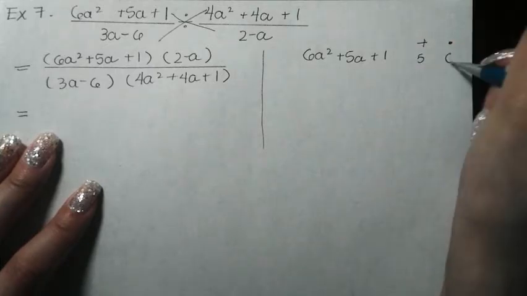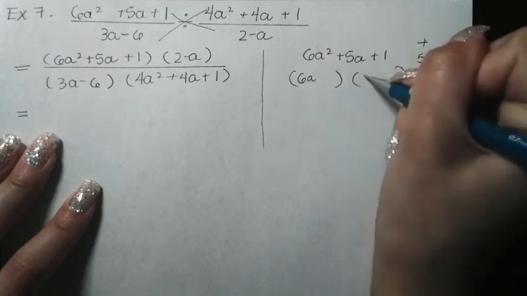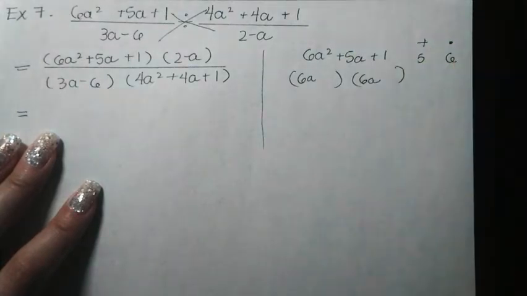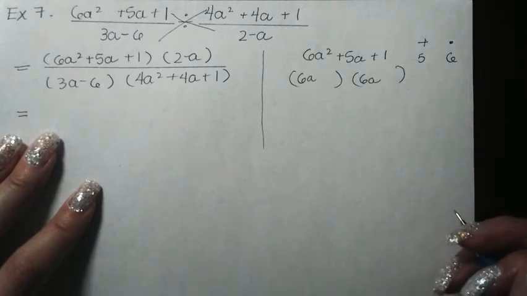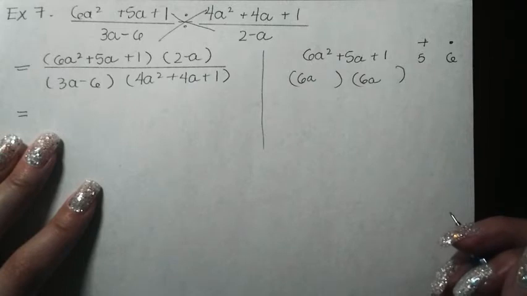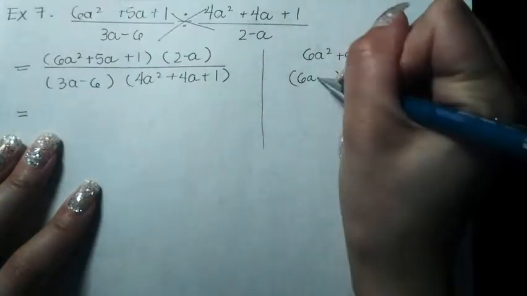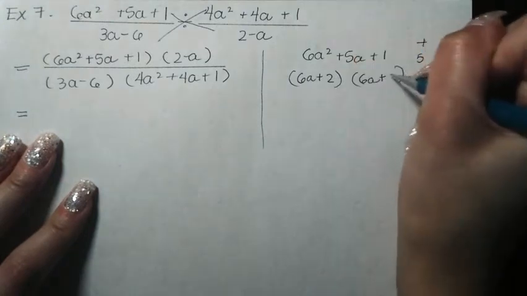What we're going to do here is you have that this is 6a and 6a, and what are going to be those two numbers? Two numbers that when you multiply them give you 6 and give you 5 as addition is going to be plus 2 plus 3.